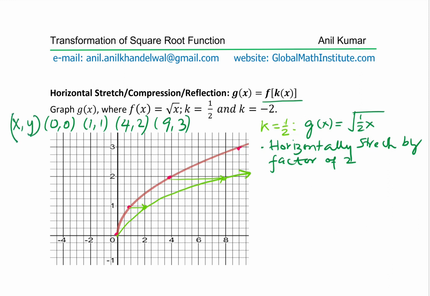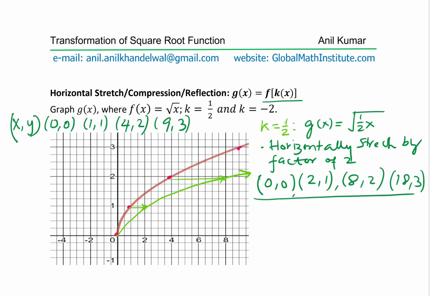Now, the transformed x values will double up. So the first one remains 0, 0, the second one becomes 2, 1, and then we have 8, 2, and this will become 18, 3, right? So these are the new values which we have plotted here to get our function. So that was the second way of doing it, right?